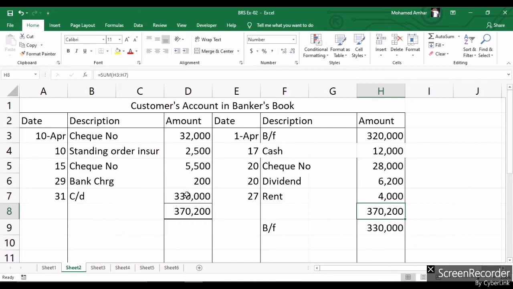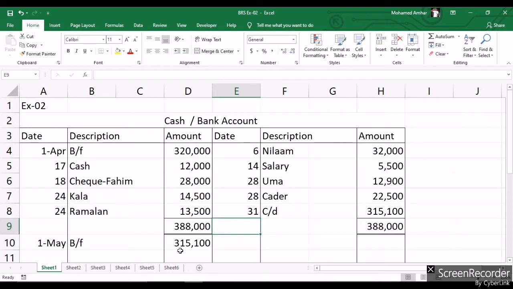So the carried down balance is 330,000. Now if you check both balances, according to the banker's account the brought forward balance is 330,000, but according to the organization's account the brought forward balance is 315,100.